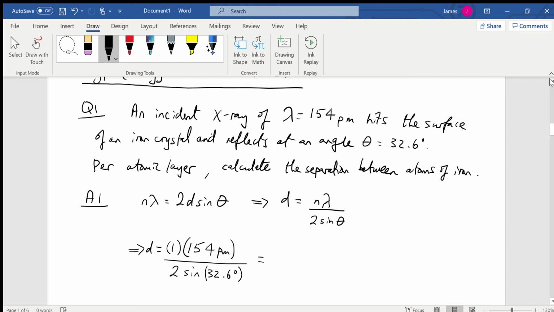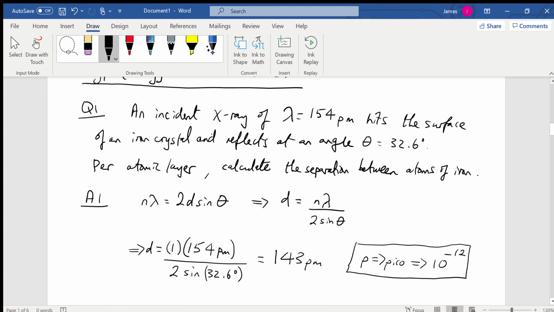We're going to get units in picometer, and this should give us 143 picometer. So recall the pico is 10 to the negative 12. Okay, so that's a typical Bragg's law type question.